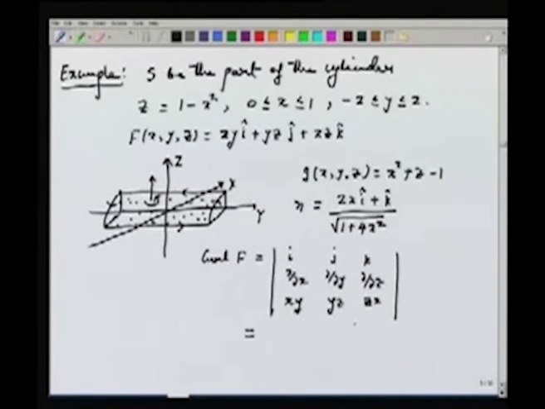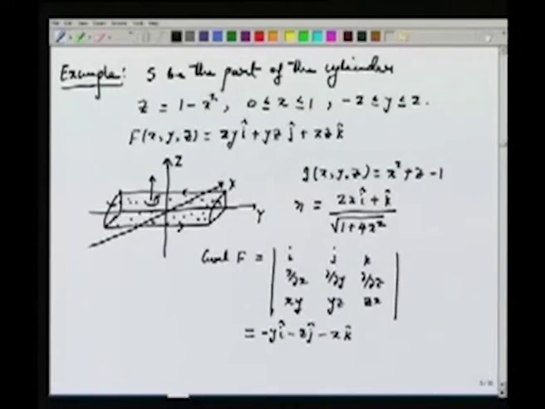I get i times del y of zx, which is 0 because zx has no y, minus del z of yz, this has 1z, so it is minus y i. Then comes j. With j, I first apply del z on xy, which is 0, then minus del x of zx, which is minus z j. Then k, I first apply del x of yz, which is 0 because it has no x, minus del y of xy, which has 1y, so it is minus x k.